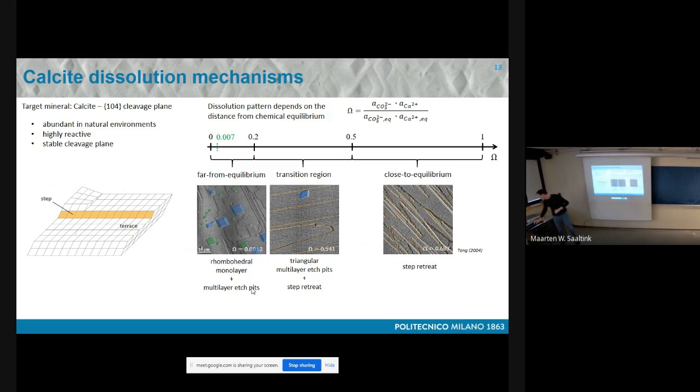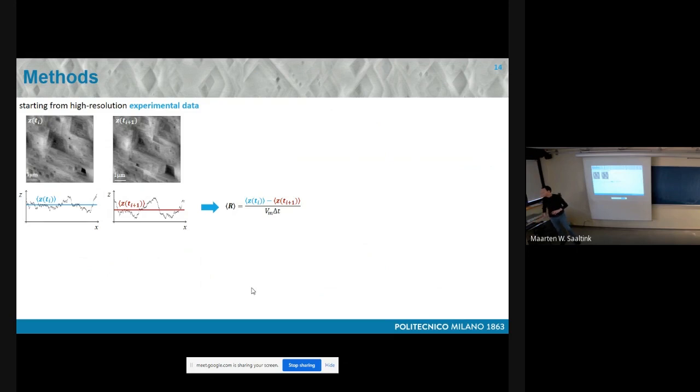So, the key principle in order to come up with a spatial distribution of reaction rates, in this case of dissolution rates, and by spatial distribution, I mean that we are talking about an area of investigation of the order of 10 microns with a resolution of something like 10 to 11 nanometers.